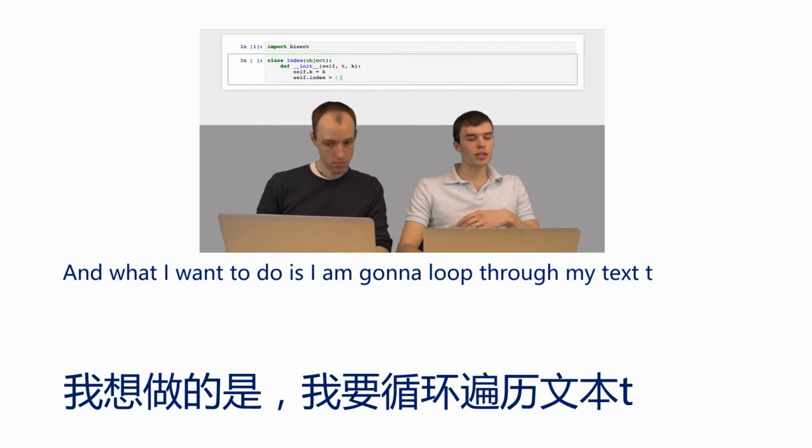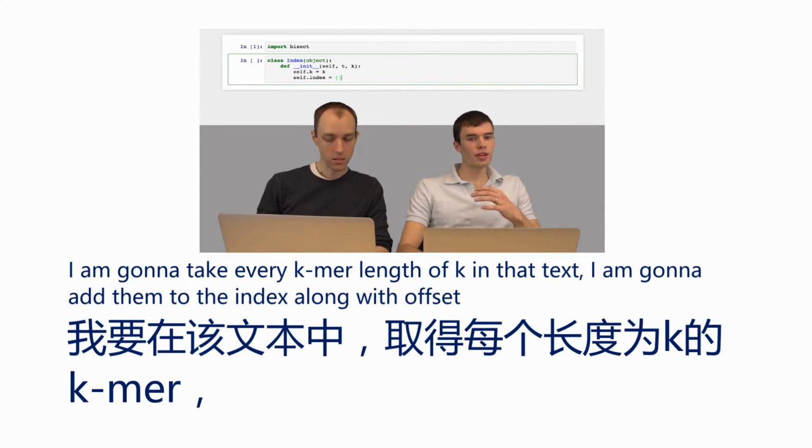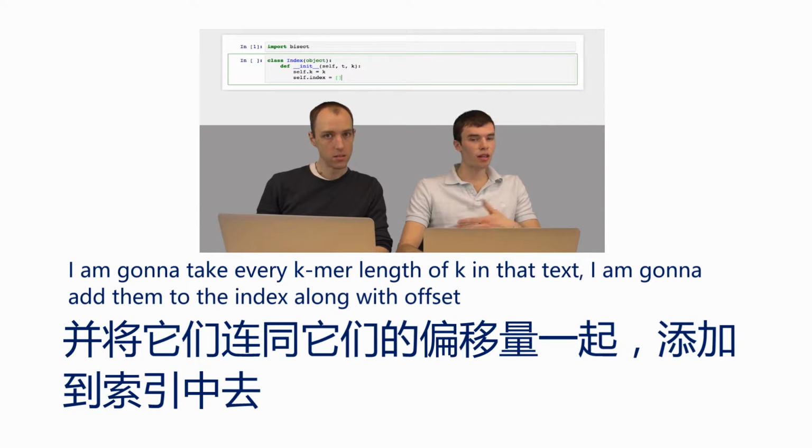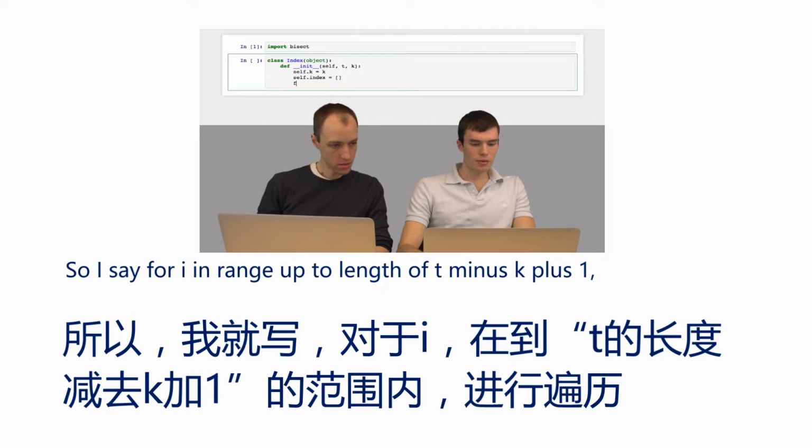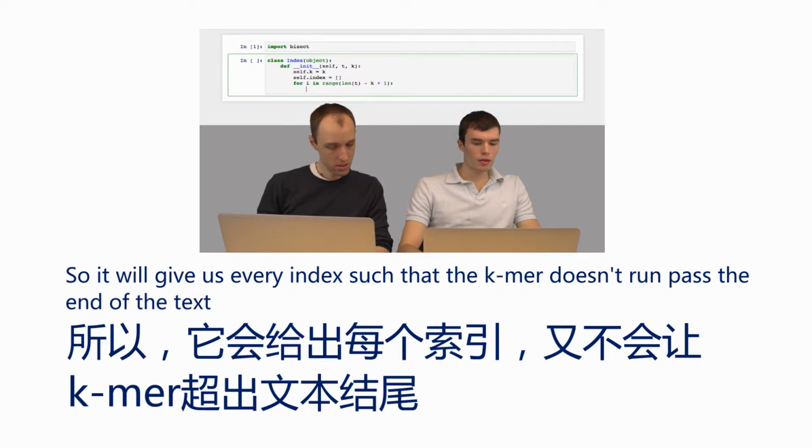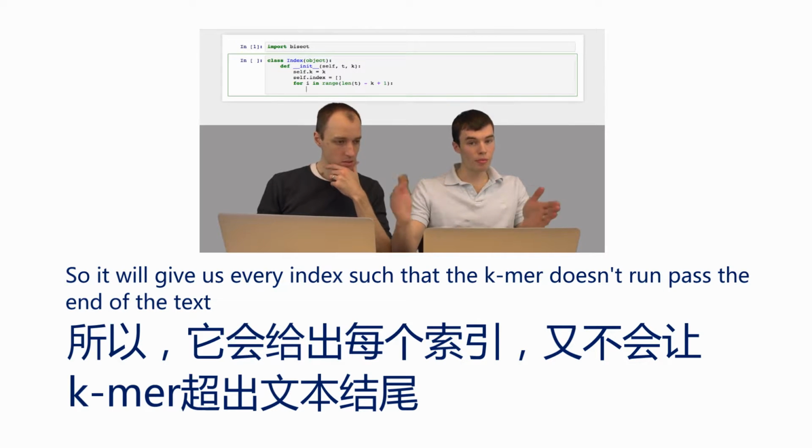And now I'm just going to loop through my text t, and I'm going to take every k-mer of length k in that text, and I'm going to add them to the index along with their offset. So I'm going to say for i in range up to the length of t minus k plus 1.